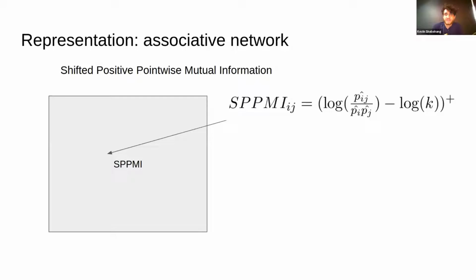So just a brief note on the shifted positive PMI. The main thing to note about this equation is that it's a measure of association between two words, word i and word j, which sets their association to be proportional to the ratio of the joint probability of the two words over the base rate of the two words under the assumption of independence.